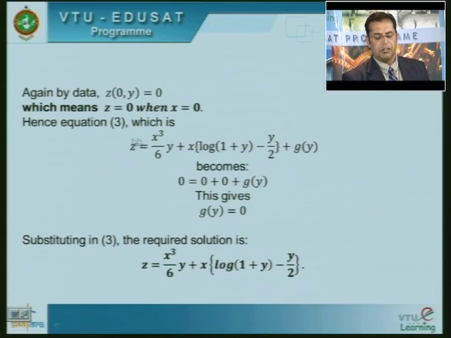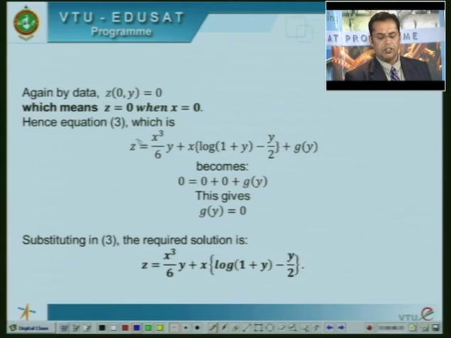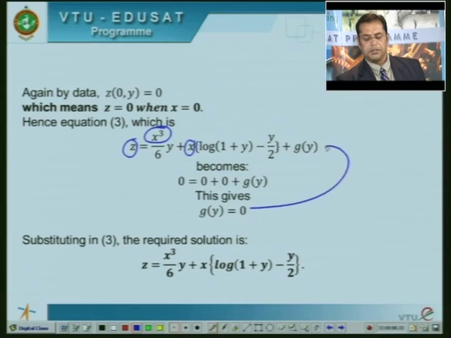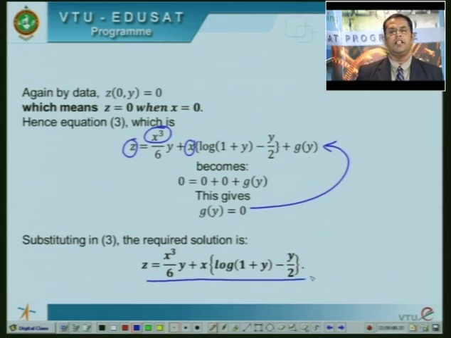So, left hand side z will be 0. Wherever you find x, x value is 0. So, this is 0, this is 0, then you have 0 here, leaving you just g of y equal to 0. Finally, substitute this g of y here to obtain the particular solution to the given example, which is z equal to x cube by 6y plus x into log(1 + y) minus y by 2.